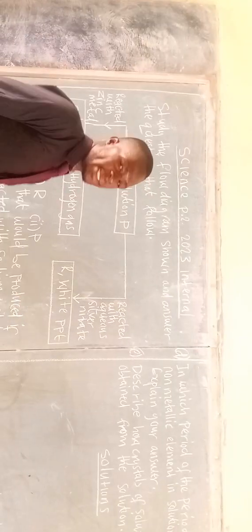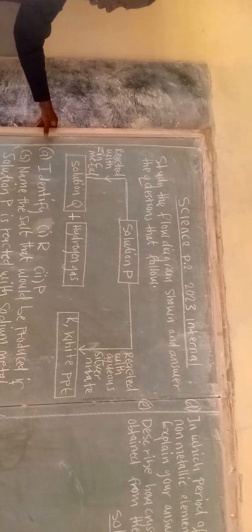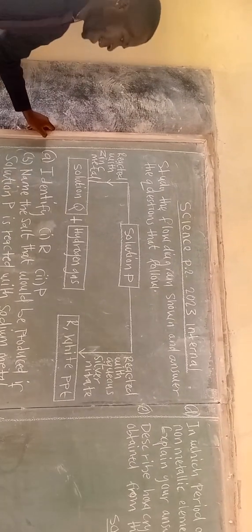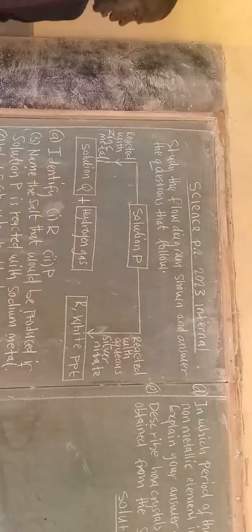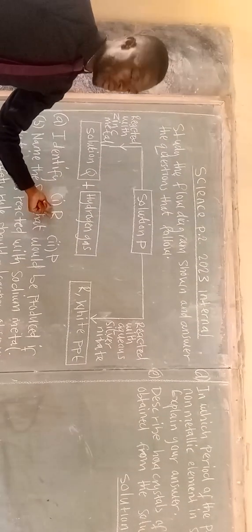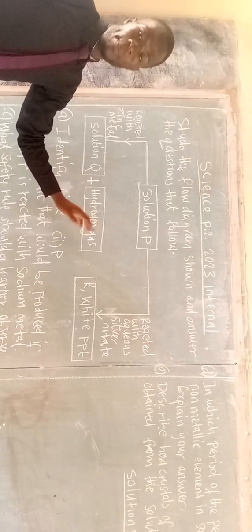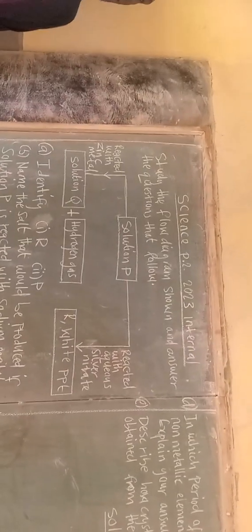Okay, now let's get to the questions. A, the first question: identify R. We also identify P. So we go for these first two questions. What is R and what is P?